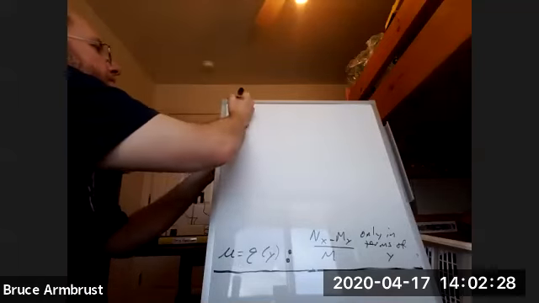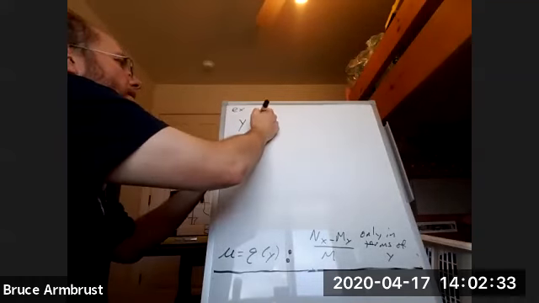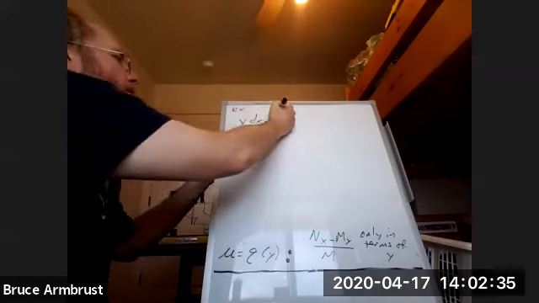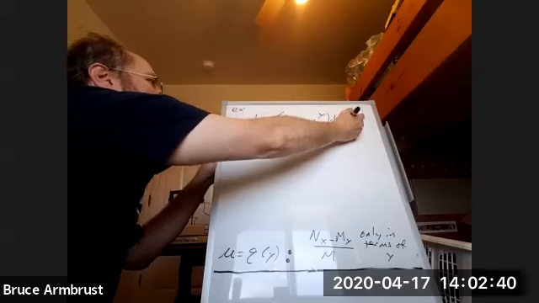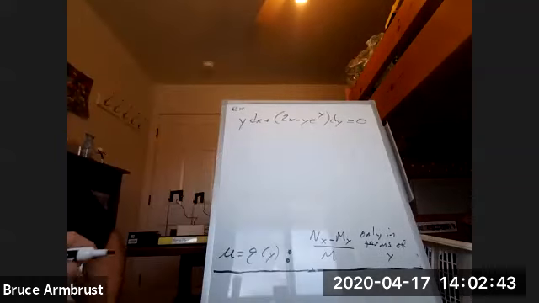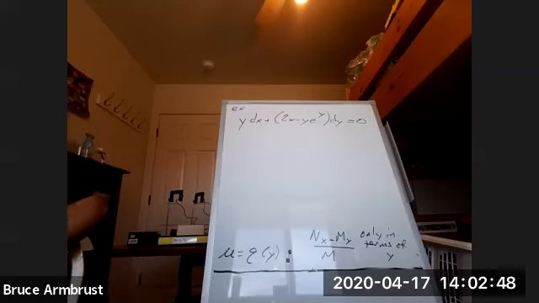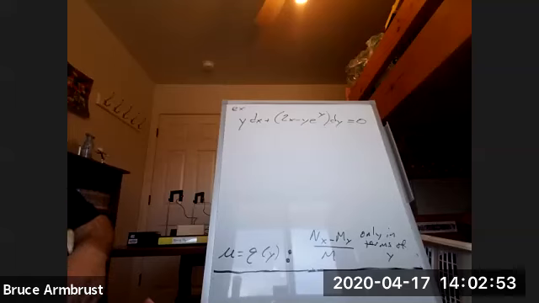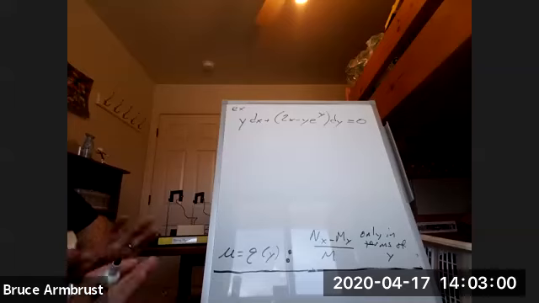Let's look at this guy: y dx plus 2x minus y e to the y dy equals 0. So the first question is, is that exact? You probably want to check that anyway, because if it's exact, we just find the potential function and we're done.